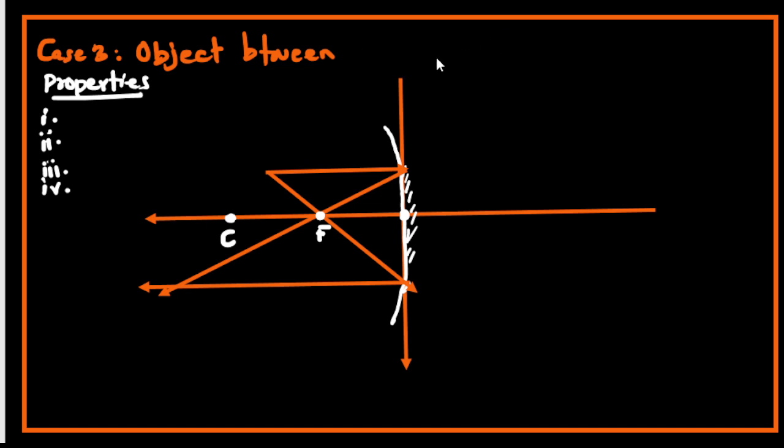F. Case 4, object at F. Object at point F, at principal focus F. Okay, now based on this, I will draw the position of the object. So we have this is the position of the object now.